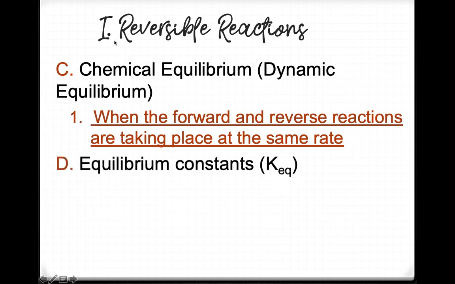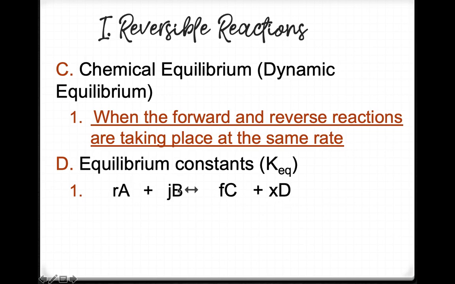And when we have reached chemical equilibrium, we can write something called an equilibrium constant. The symbol for that is a capital K and then EQ. The K value is a letter we usually use for constants, and EQ means this is the equilibrium constant. The way it looks is this. Let me give you a generic setup. Imagine that this was a chemical reaction.